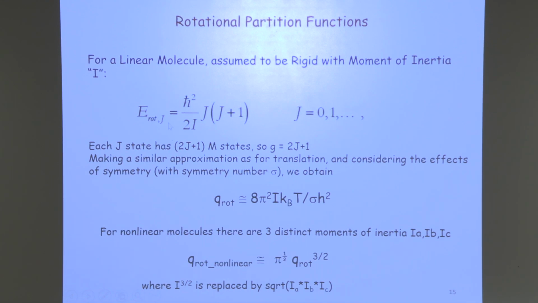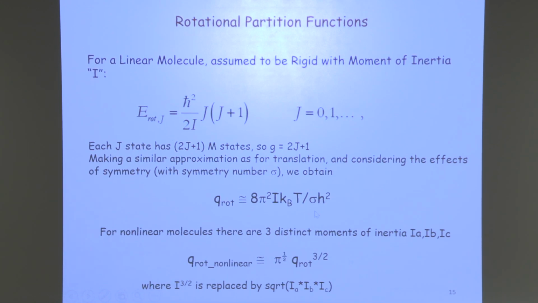This one also leads to a summation that we don't know the exact analytical expression for, but it looks a lot like an integral that we do know. So we do the same kind of approximation we did for the translation, and we end up saying that the Q for the rotation is approximately this, where it depends on the moment of inertia, instead of the mass.